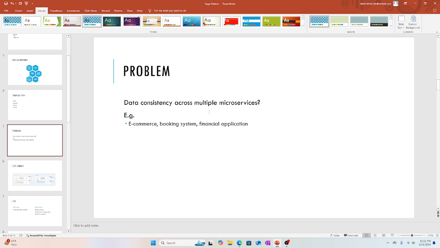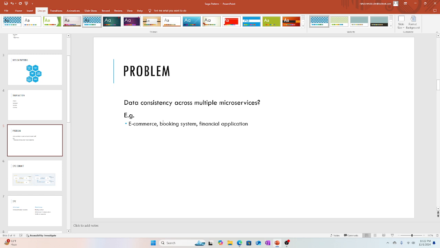We are going to understand some scenarios, like an e-commerce system where we have multiple microservices. In this scenario we can have an order service, a payment service, a stock service, and a delivery service.